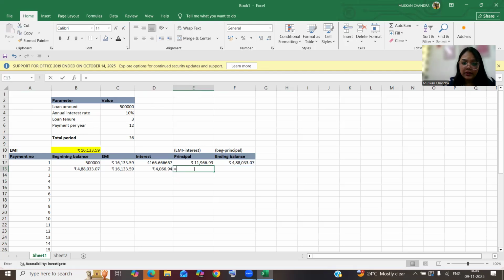Here we have equals to EMI minus interest. For ending balance, we have equals to beginning balance minus principal.